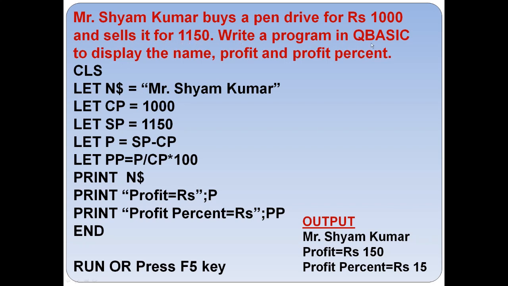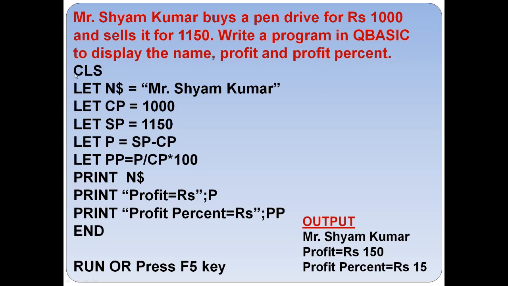Now write a program in QBasic to display the name Shyam Kumar, profit and profit percent, because the CP of the pen drive is 1000 and the SP, the selling price, is 1150, so there will be a profit. So we will display the name, profit and profit percent.